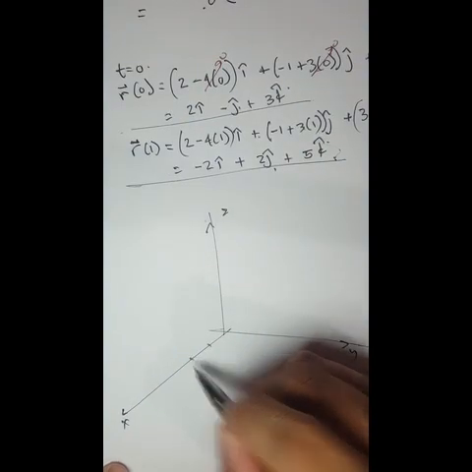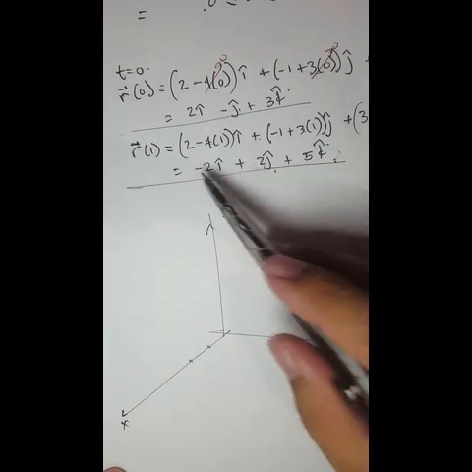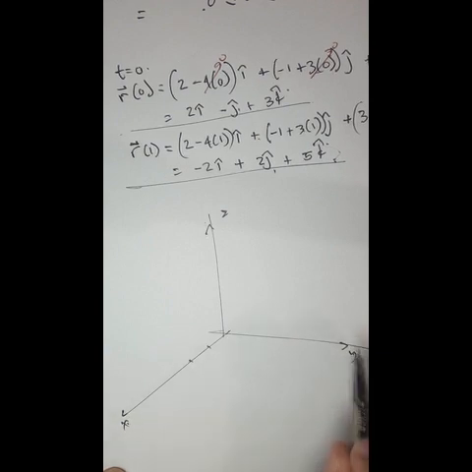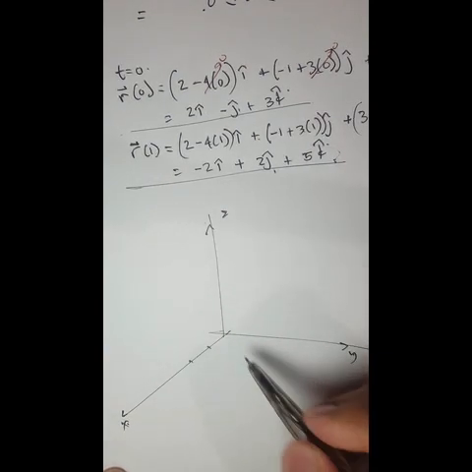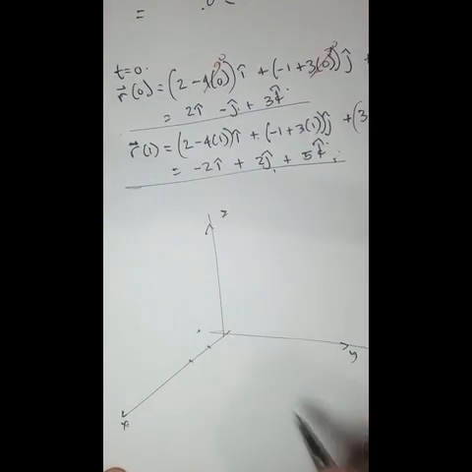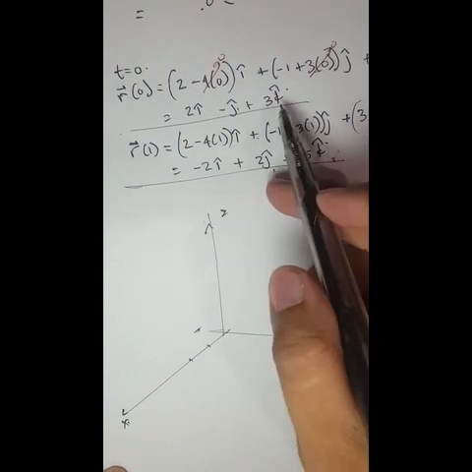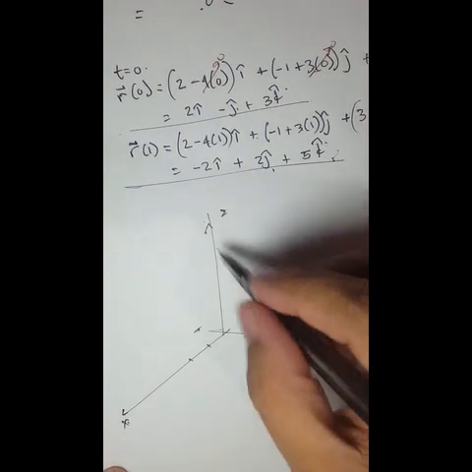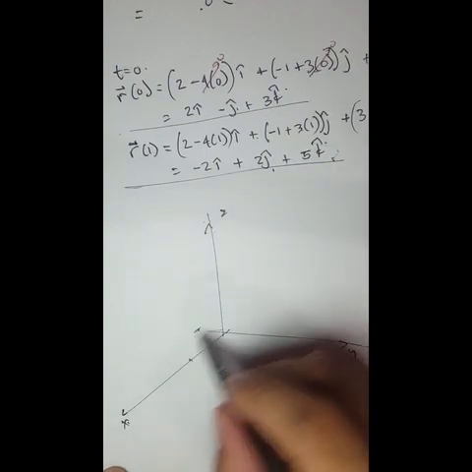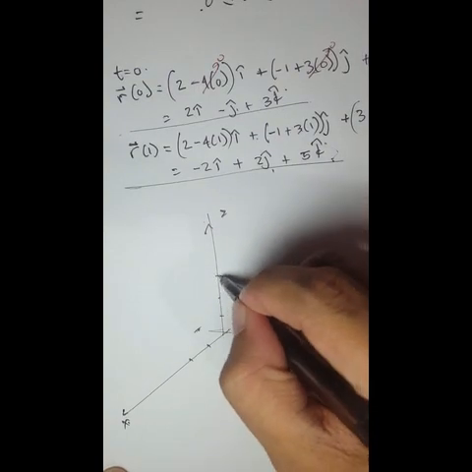So let's say 1, 2, and then a negative j. This is the positive x direction, positive y, and then positive z. If it's negative, then it's actually the opposite direction. So along here we have this negative, and then plus 3k along the z direction. So if we want to trace, it's basically like this: 1, 2, 3.